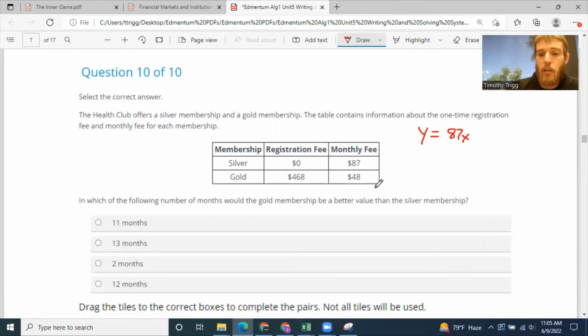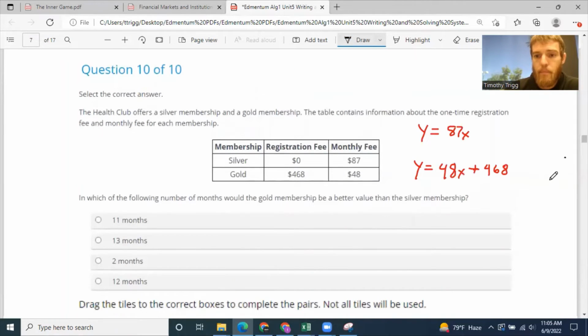So what about for the second equation? Well, for the second equation, it costs how much per month? $48 per month. So 48X, where X is the number of months, plus there's an upfront fee, right? So a y-intercept of 468. It's like a starting amount. The y-intercept is oftentimes the starting amount.